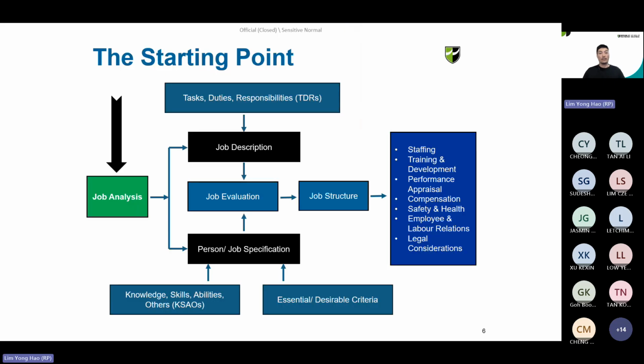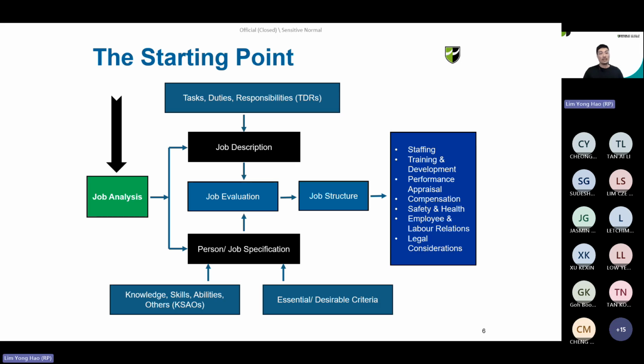So there are a few things that you want to look at. If you look at job analysis, the green box, there are a few aspects to it. In every organization, when they hire somebody to do something, the people they hire have some tasks they will need to perform. There are some duties and some responsibilities.